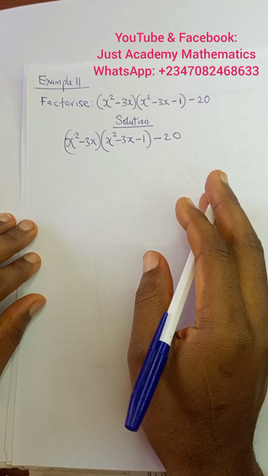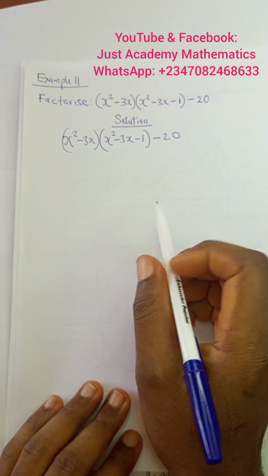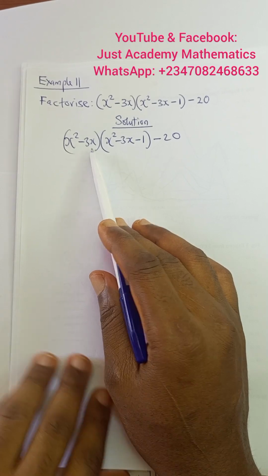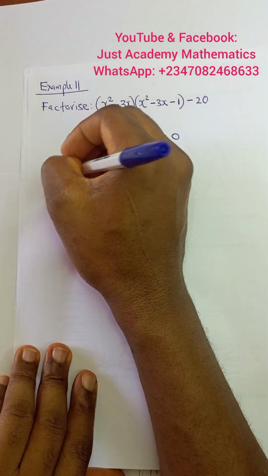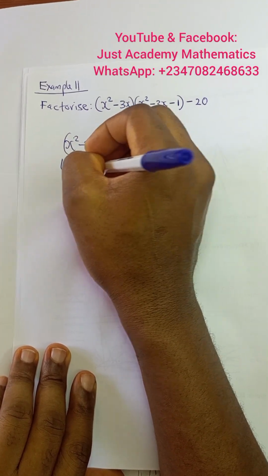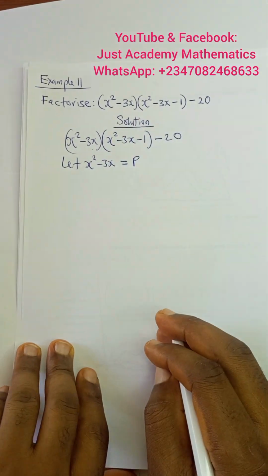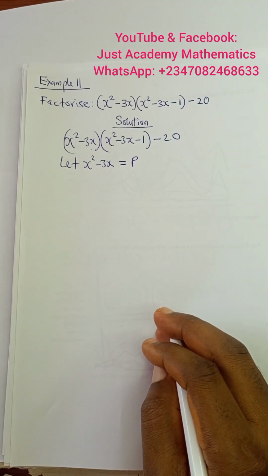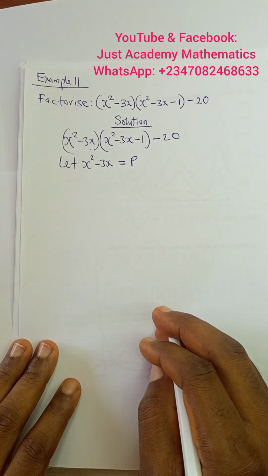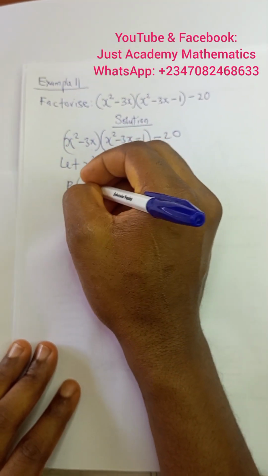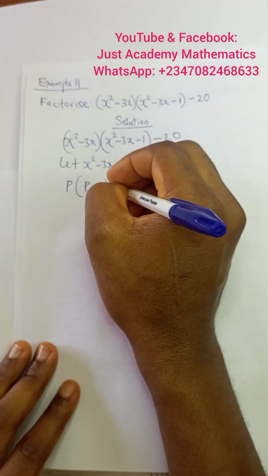So since x squared minus 3x is common, let x squared minus 3x be equal to p. In other words, anywhere I see x squared minus 3x, I can put p. So here will now be p brackets p minus 1 minus 20.